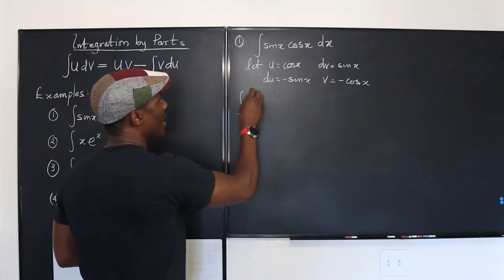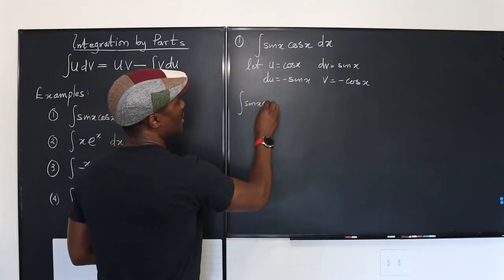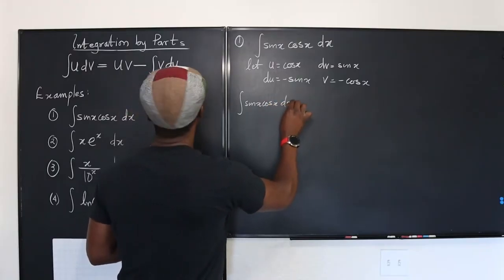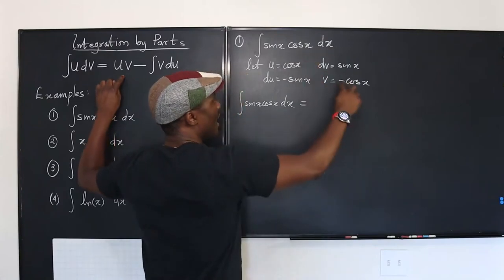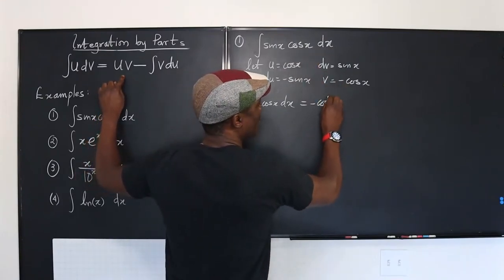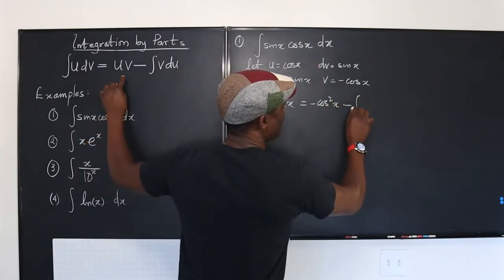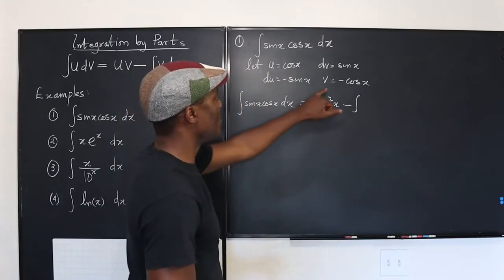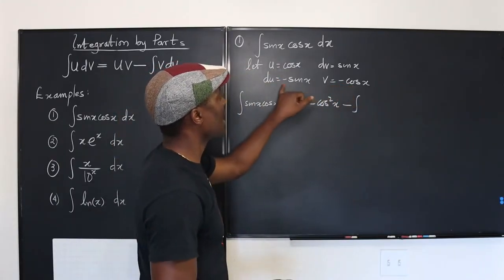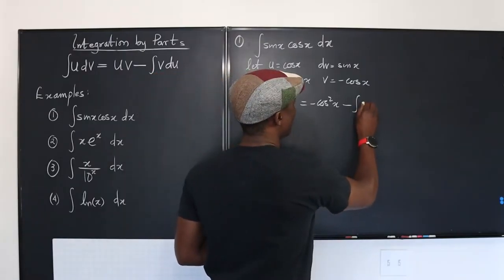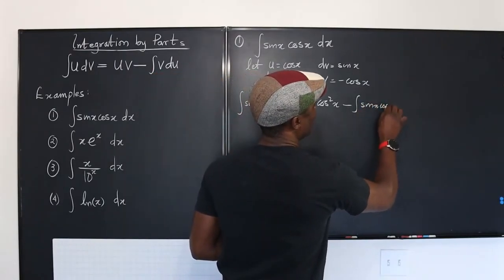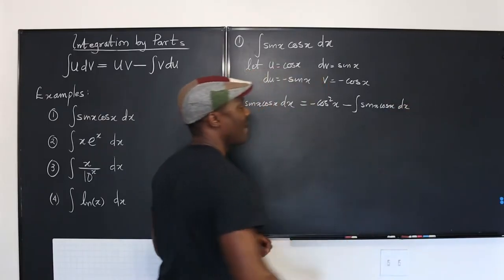The integration of sine x cosine x dx, which will be our u dv, will be equal to uv, u times v, which is negative cosine squared x, minus the integral of v du, which is negative cosine x times negative sine x, which is going to be sine x cosine x. I just put the dx back there.